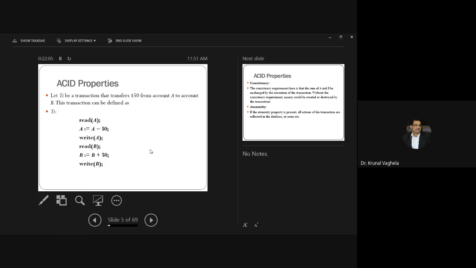Durability. Consider the system failure happening over here. If there is a system failure after the write operation, it should not affect the new value.